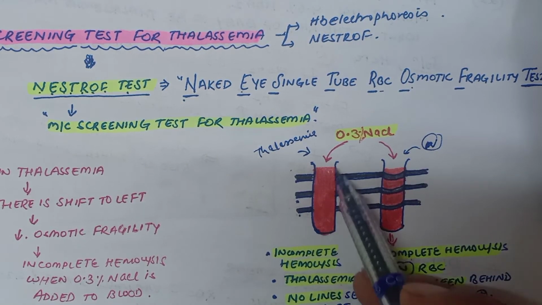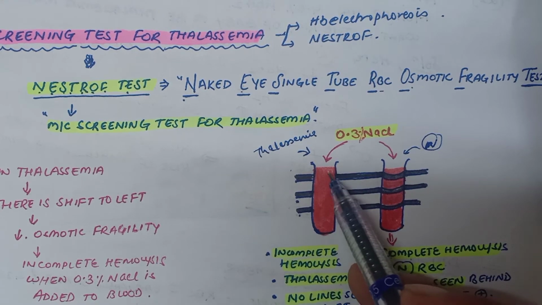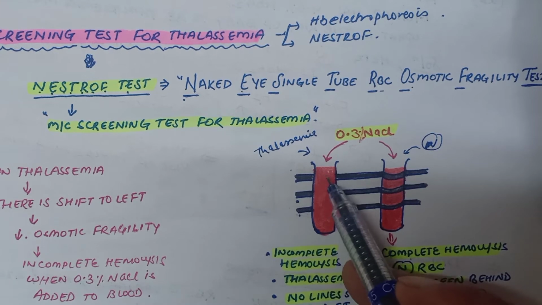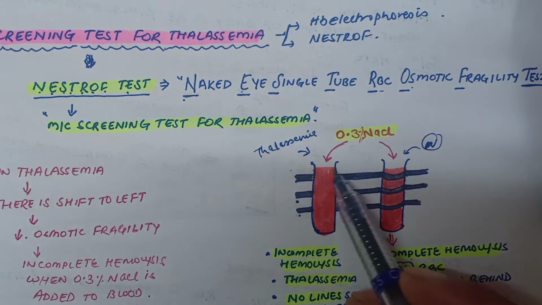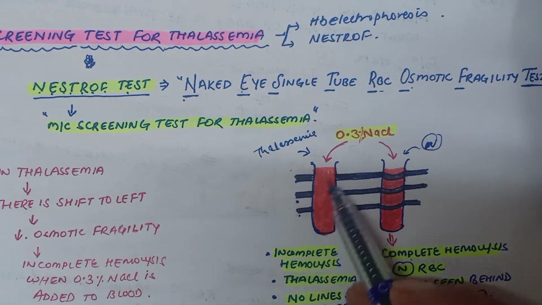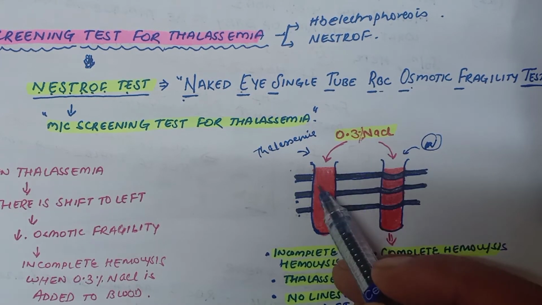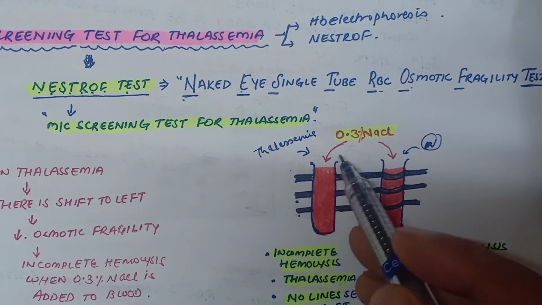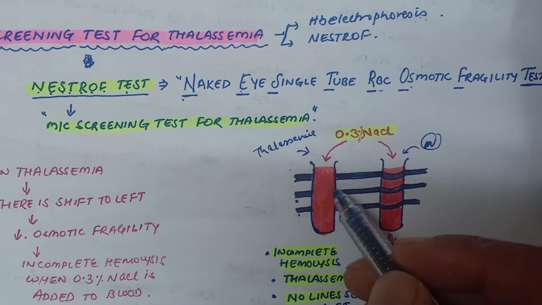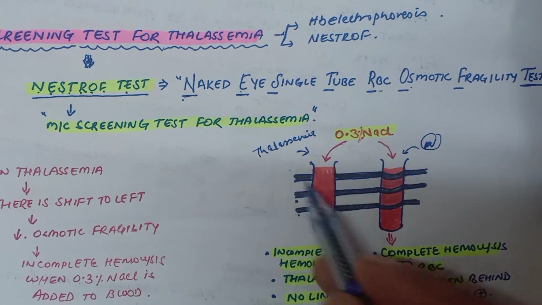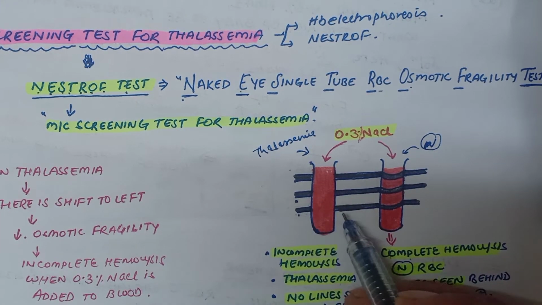Whereas in thalassemic patient, there will be incomplete hemolysis. So there will be no lines seen behind the test tube. So when you add 0.3% of NaCl in this test tube, there will be incomplete or no hemolysis, and because of incomplete hemolysis, you will not be able to see the line behind the test tube.